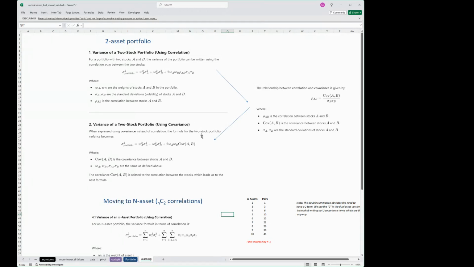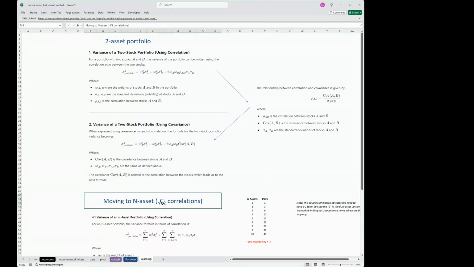Now, we start with the two stock portfolio because it's pretty compact. But as we start adding terms, we care about every single pairwise correlation in the basket. If you have two assets, there's one correlation pair. If you have three assets, there's 3, with four there's 6, and if you have 10 assets, you have 45 correlation pairs.